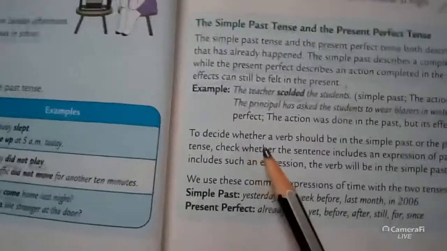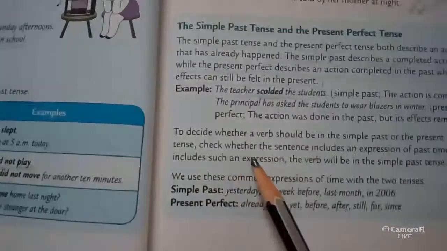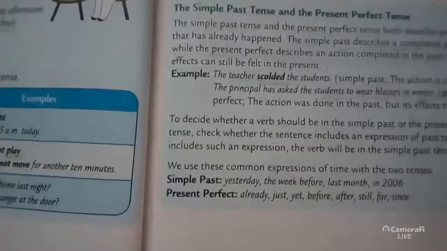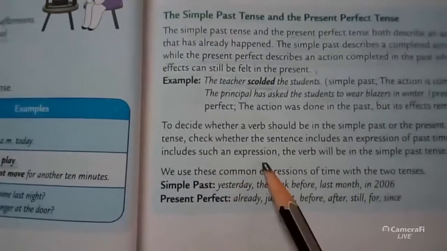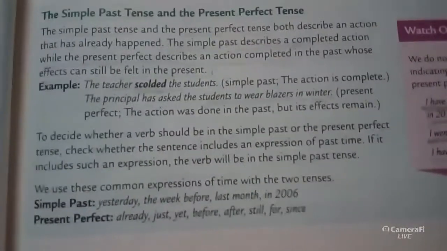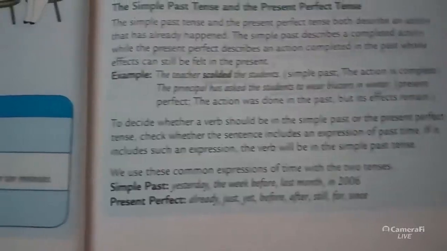To decide whether a verb should be in the simple past or the present perfect, check whether the sentence includes an expression of past time. If it includes such an expression, the verb will be in the simple past. Here time is given, that means simple past. Here time is not given, so present perfect.